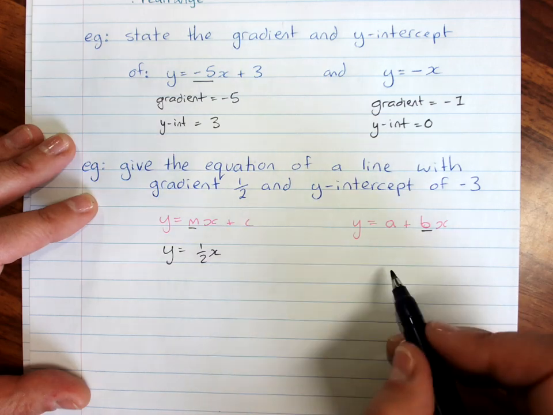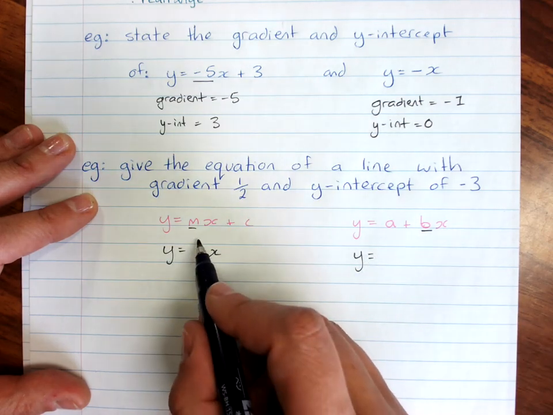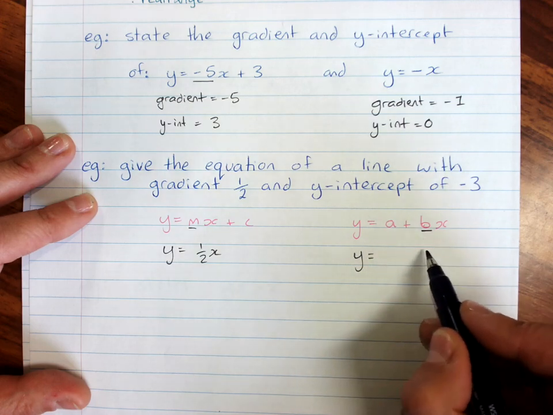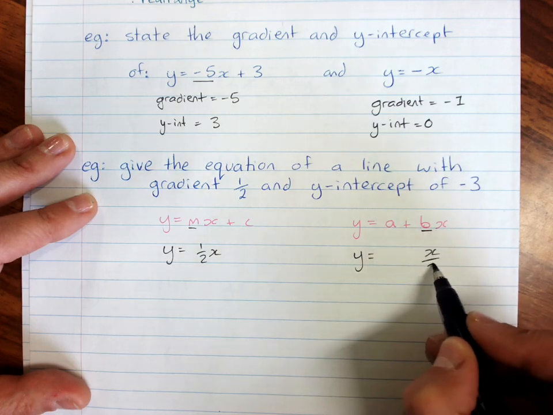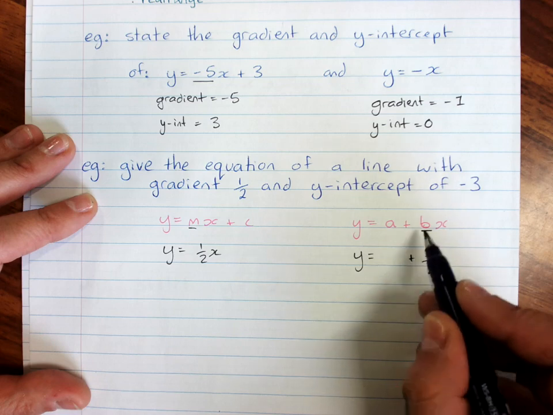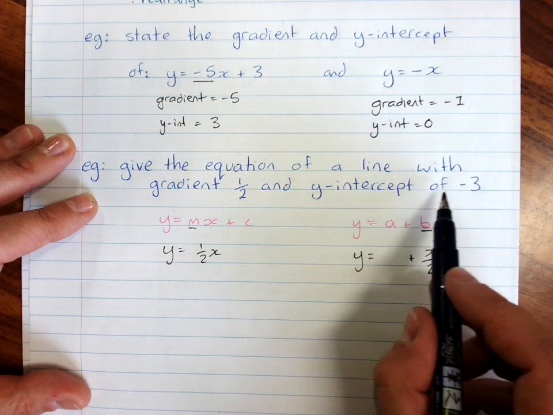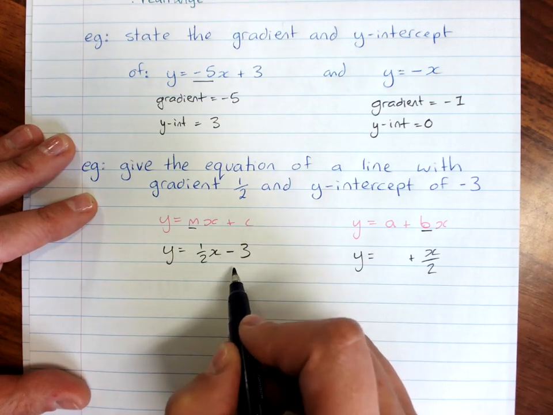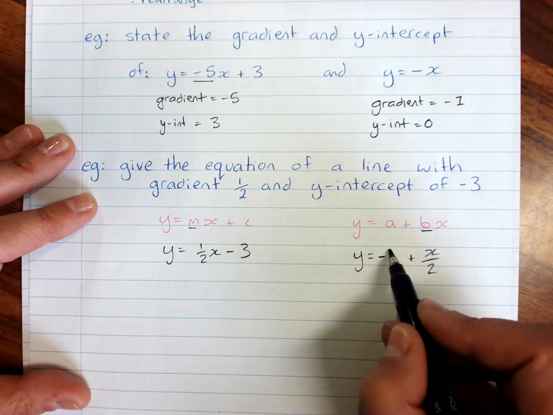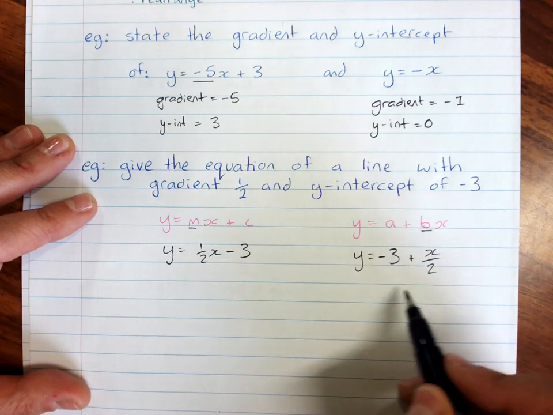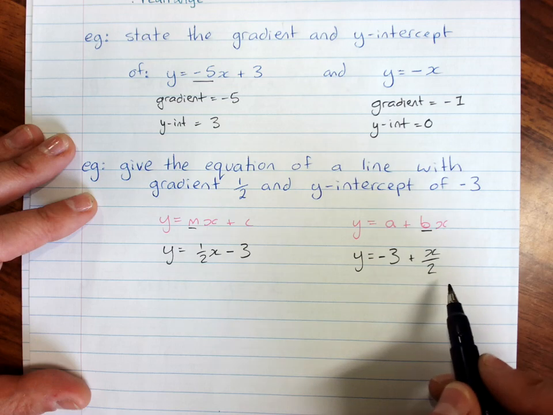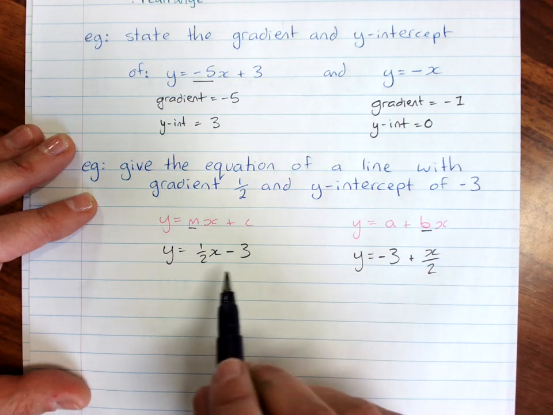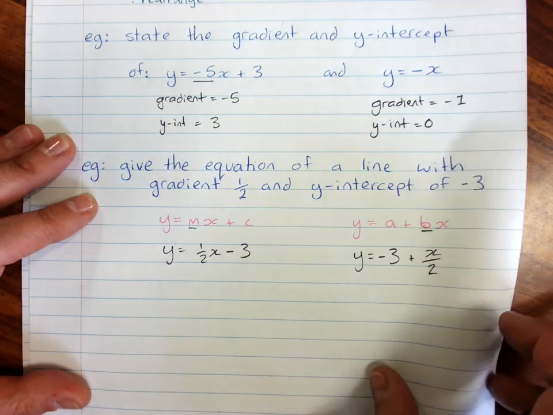We'll get to our y-intercept in a minute. Now it's worth noting that if you've got a gradient of 1/2, you could just say that's x divided by 2, if you preferred, and that's positive. A y-intercept of negative 3 means this is minus 3, where our y-intercept is, and this would be negative 3 out the front here. So even with this form, we'd probably rearrange that so it was y equals x over 2 minus 3. But you can give the equation.